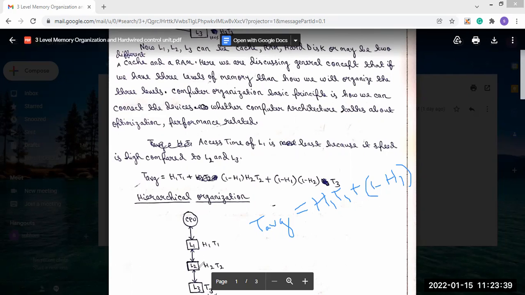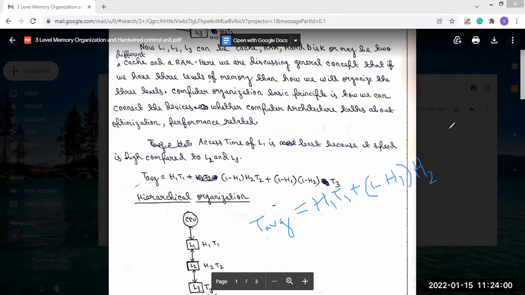Let's say it is found in L2, then it will be 1 minus H1, after that S2, T2. No, not T2, because if you remember, we have said something about the two-level organization.